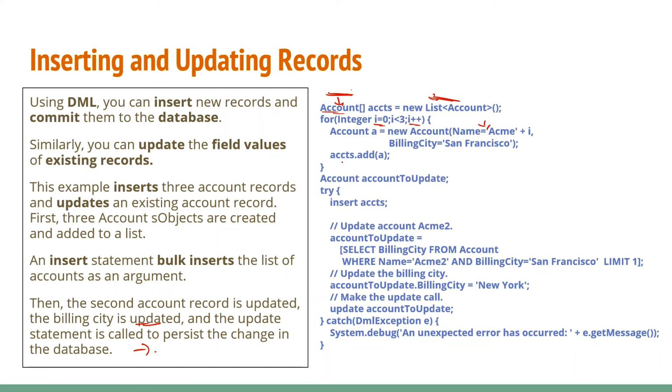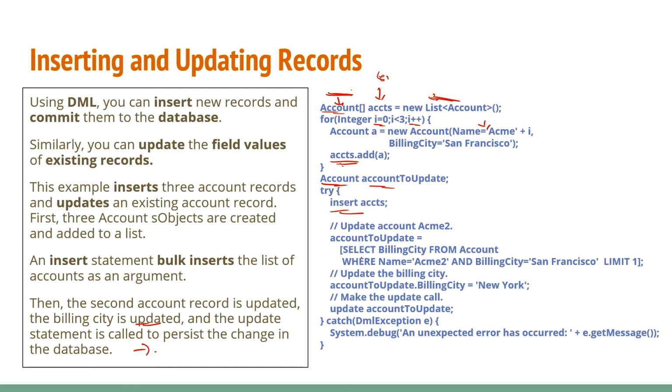Now we will add these to this particular list here. So this is a list of accounts and we will add all these accounts into that particular list. Now we will define the account to update, then try insert accts. Okay, update account Acme2, accountToUpdate. We will try to get all the records where BillingCity equals San Francisco and Acme2 will be the name.